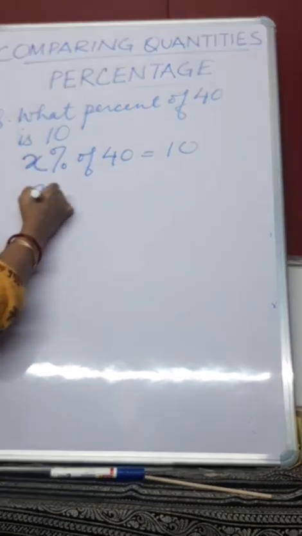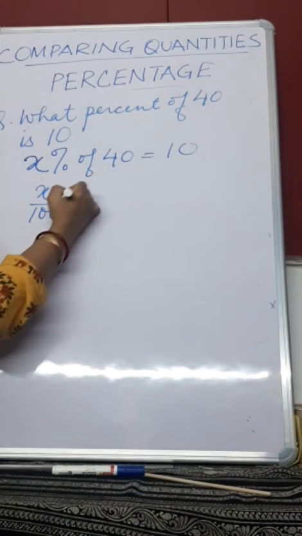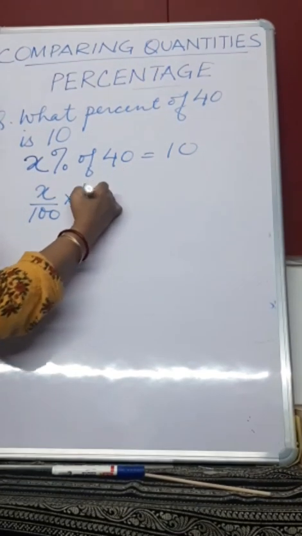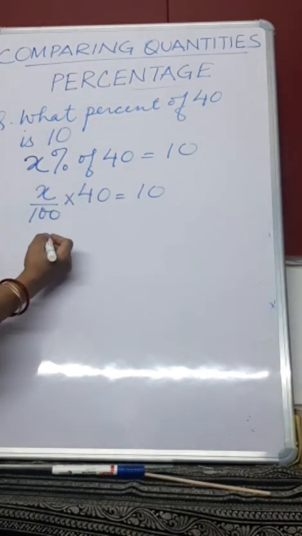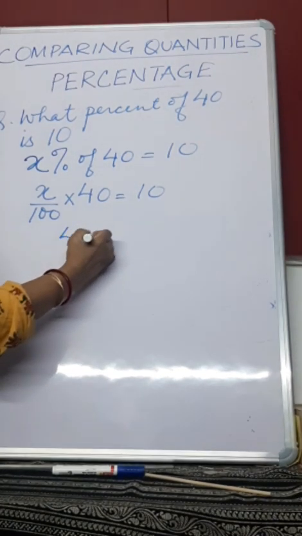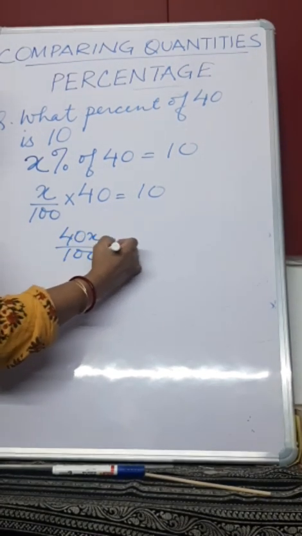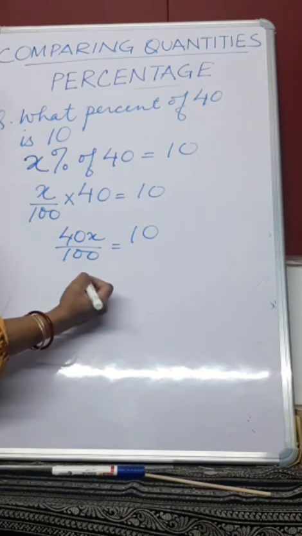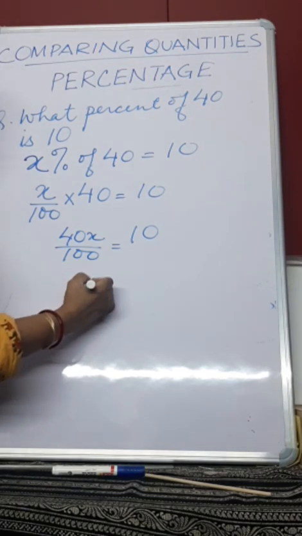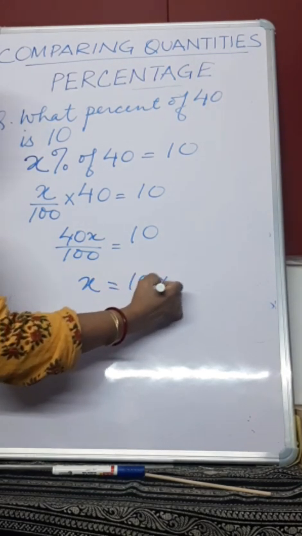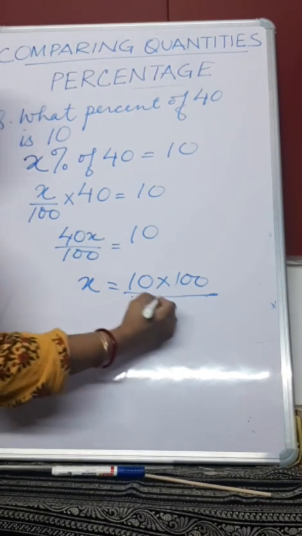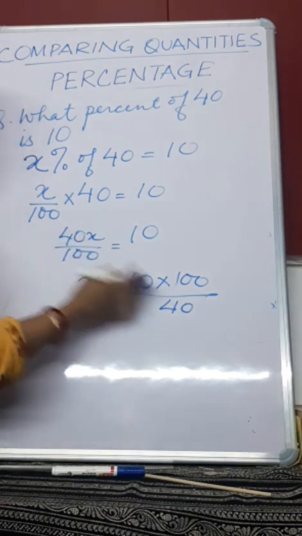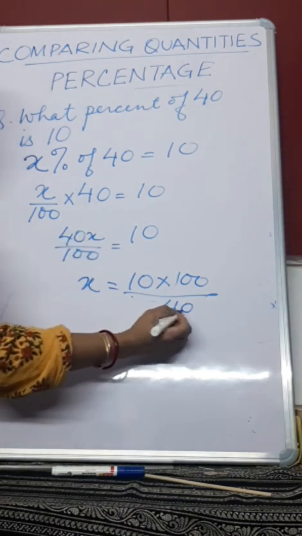X percent means x by 100, of means multiply, 40, write it like this. Now we will multiply as we do in fraction. So 40x upon 100 is equal to 10. Now solve x. This will come here as multiplication and 40 will come here as denominator.